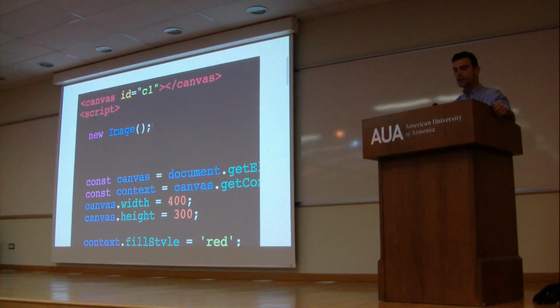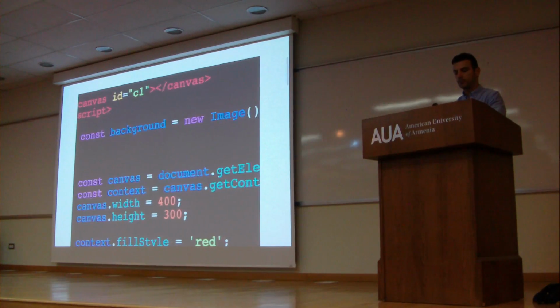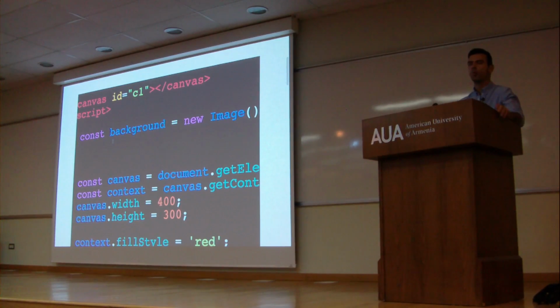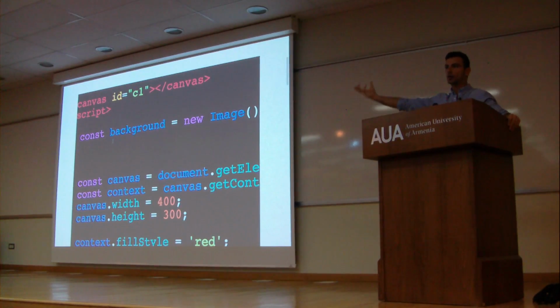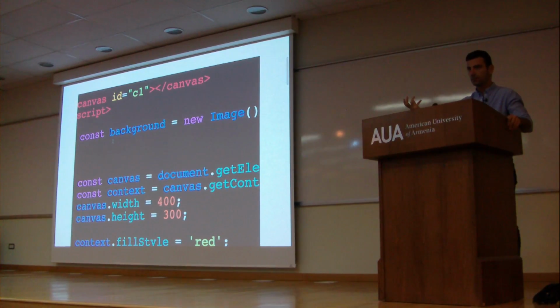So again, what this will do is create a new object. Because it creates a new object, let me put it into a variable. So const background. There. So now background contains an object, right? Okay? Just fine. Now, it's an image, but the image needs to know where to go and download the actual file. Okay?